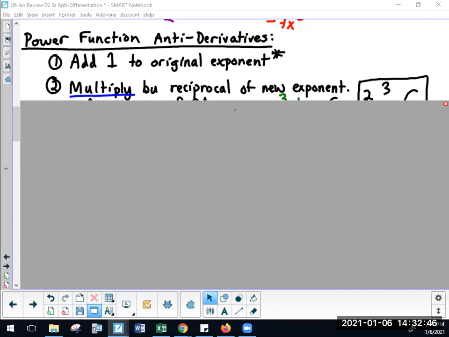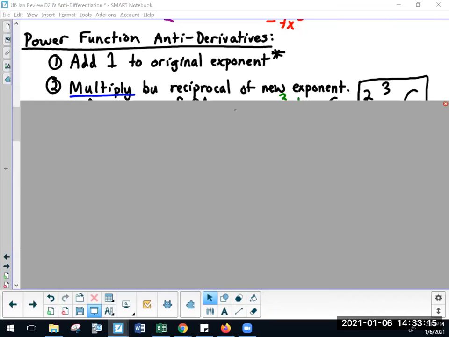So one of the antiderivative techniques that we are studying is this one. We looked at this briefly when we talked about v to the 1/3 power, the cube root of v. So there is a power function antiderivative technique. The way it works is you take your power function derivative shortcut and you do it backwards.